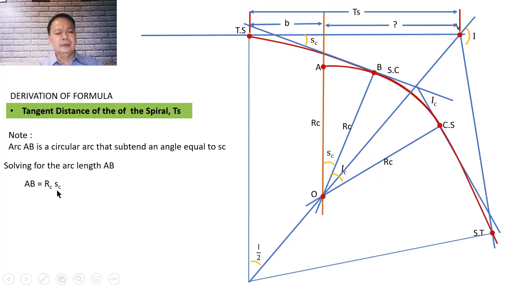Diba? Ngayon, we have already solved for the value of S sub C, diba? Ito yung spiral angle at SC, and that value of SC is already computed as L sub C over 2R sub C. That if this will be substituted to S sub C here, then we can solve for the value of AB, and that AB will be equal to R sub C multiplied by S sub C, which is substituted here with the value equal to L sub C over 2R sub C. And you will notice that this R sub C will cancel.